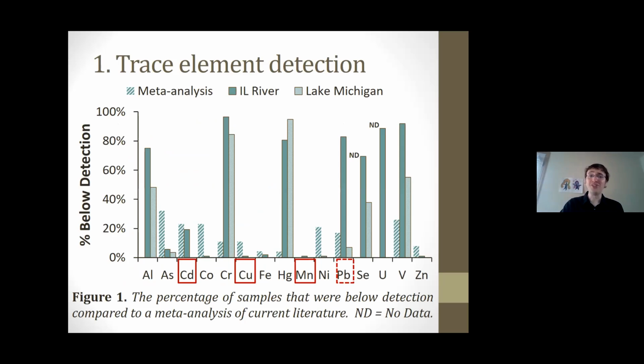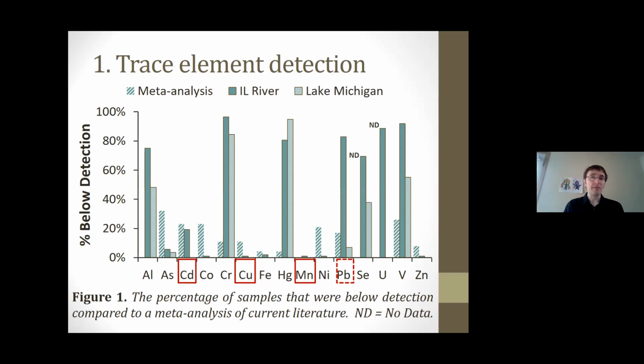The first big question is, can we detect these elements in our shells? This is percent below detection, so higher bars mean there's less detection. You can see that some elements, we were not able to detect in a regular and consistent manner. Things like aluminum and chromium.